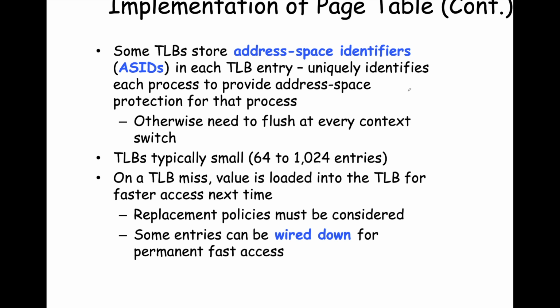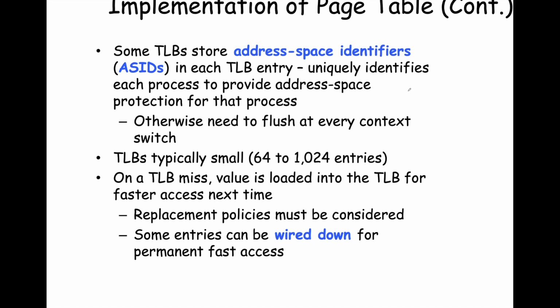A TLB miss is a situation where you give the TLB a page number and it does not have a frame number associated with it, so it has to now access the page table in order to retrieve that frame number or allocate the frame number.